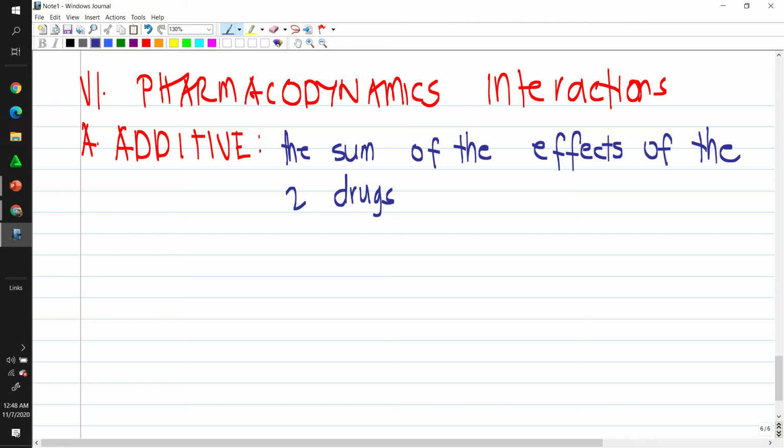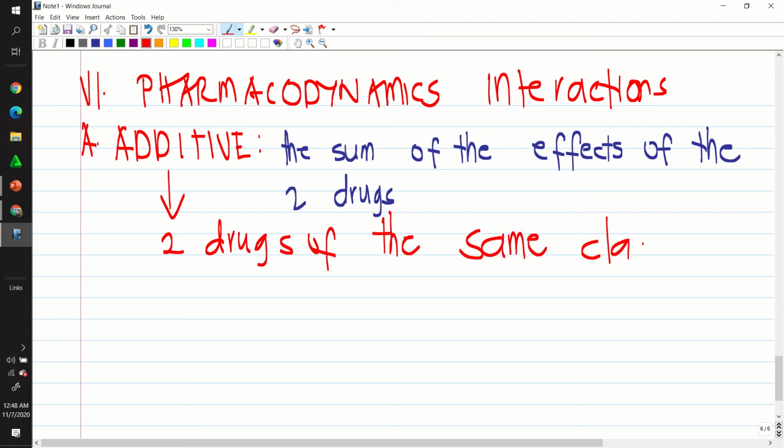So simply your additive drug effect, two drugs of the same classification. Remember that, class. It will increase the effect beyond what either could produce alone. What is a good example of your additive? Aspirin and codeine.